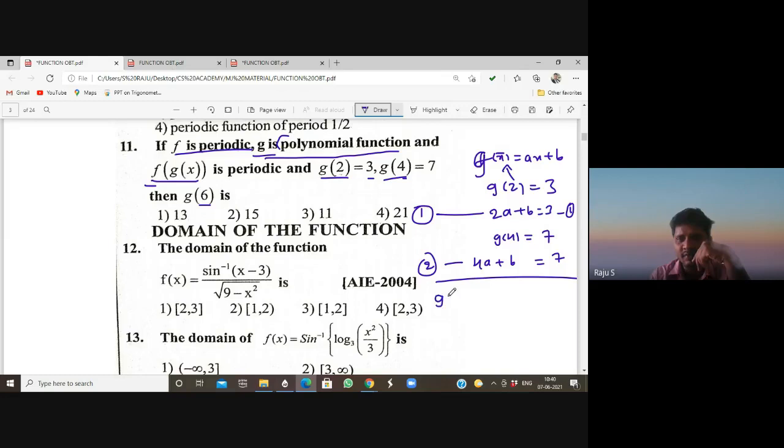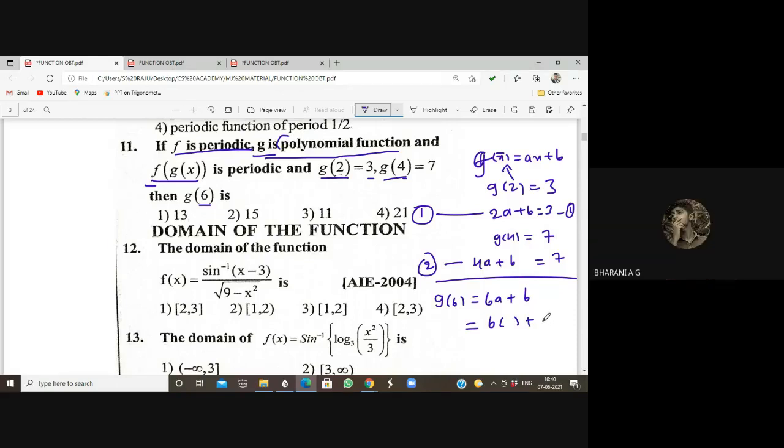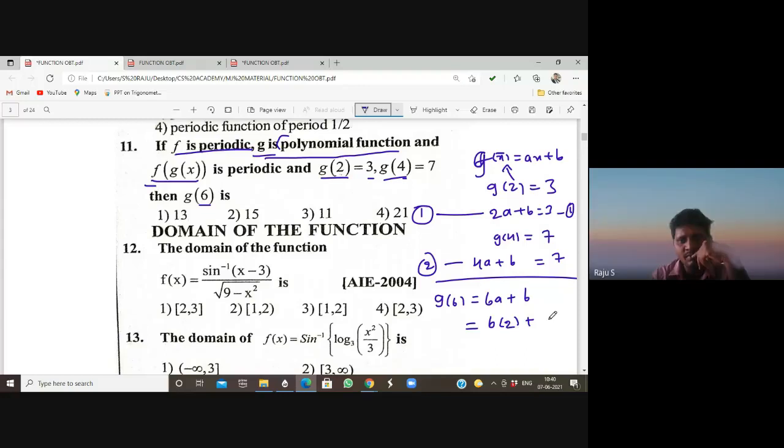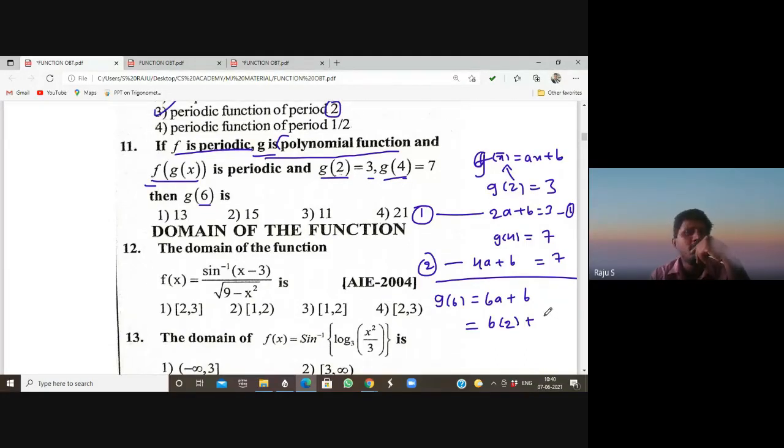Because they are asking g of 6, g of 6 means 6a plus b. If you solve equations 1 and 2, you are going to get the a comma b values. What is the a value? What is the b value? Sorry, a is equal to 2. B is equal to minus 1.